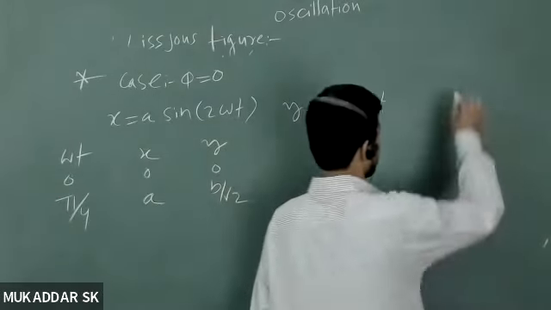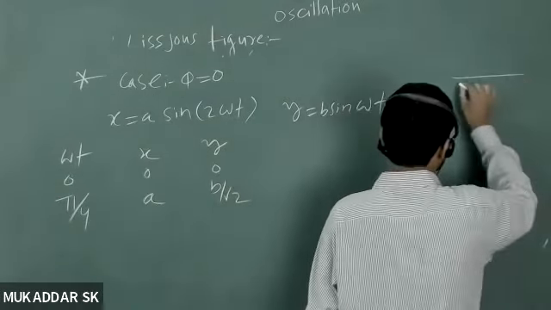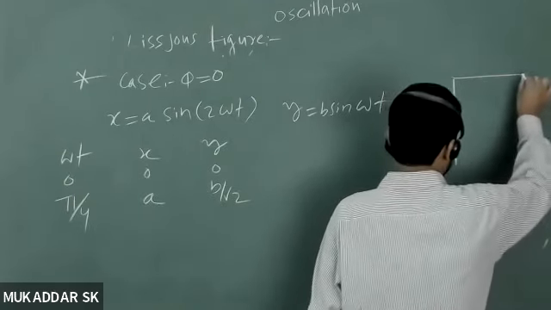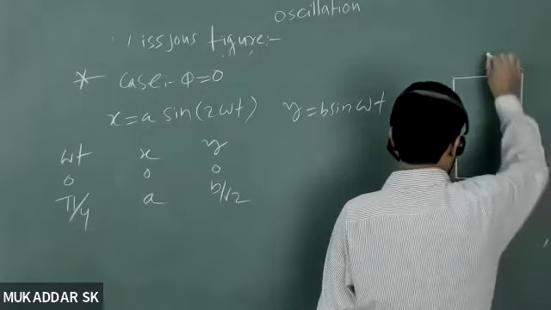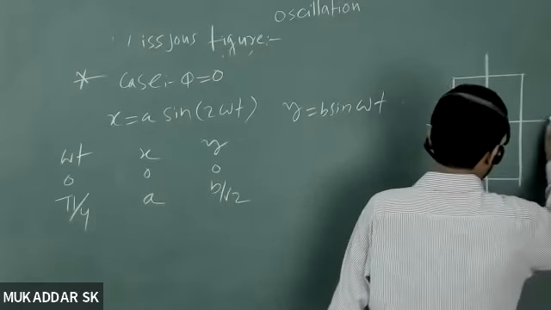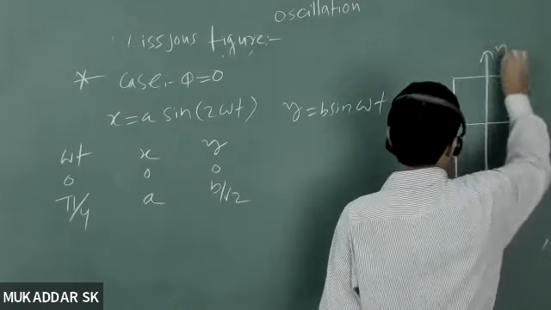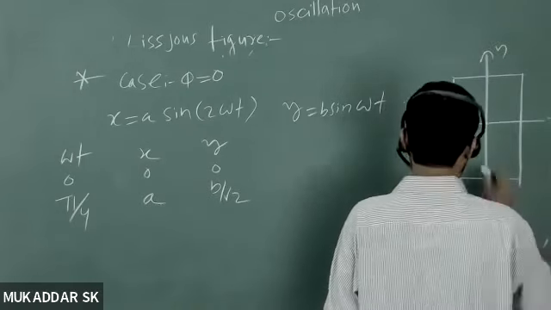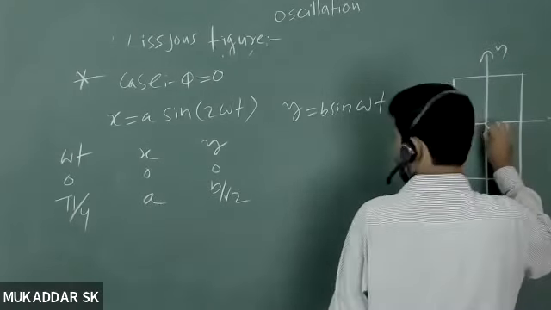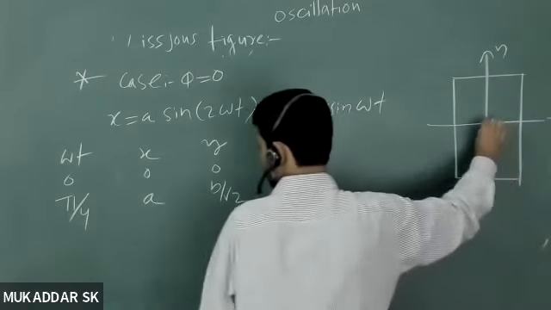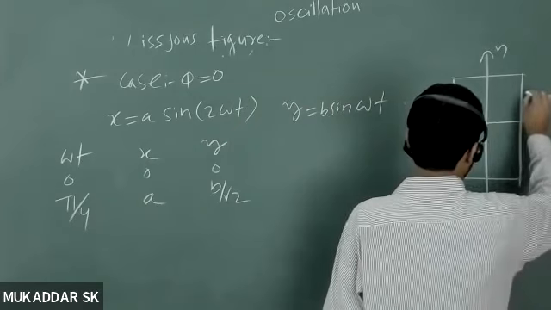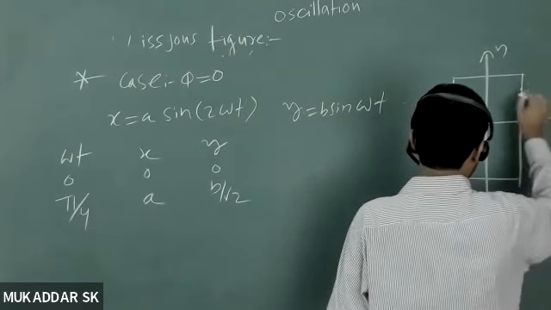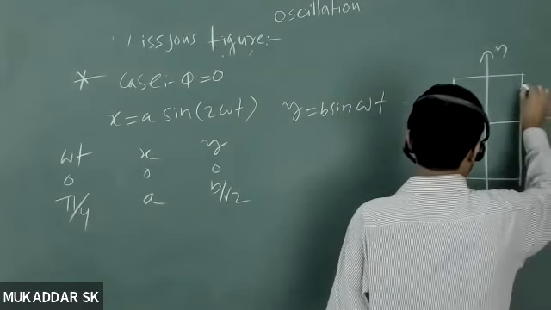So I'll plot this trajectory here. This side you have x, this side you have y. When omega t is 0, both will be here. This point will correspond to this. When omega t equals pi by 4, (a, b by root 2), somewhere here. Okay, note this point.